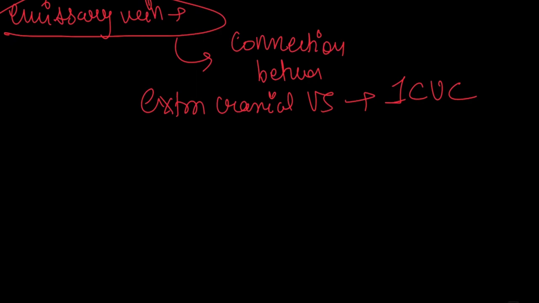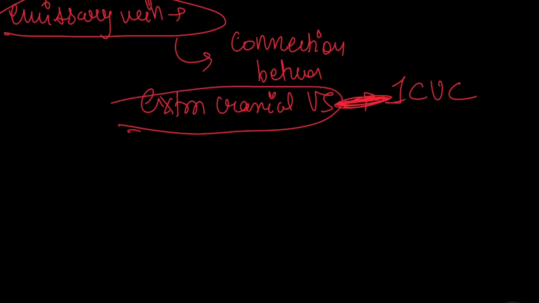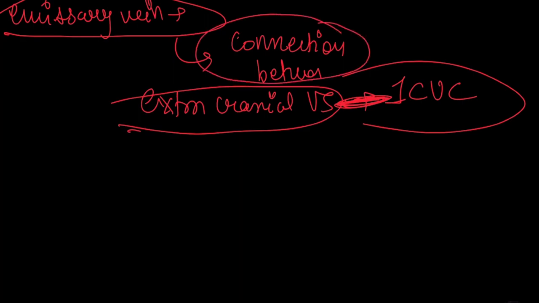So the connecting link, or the communicating vein, which helps them communicate between the extracranial venous system and intracranial venous system, that connection is known as the emissary vein.